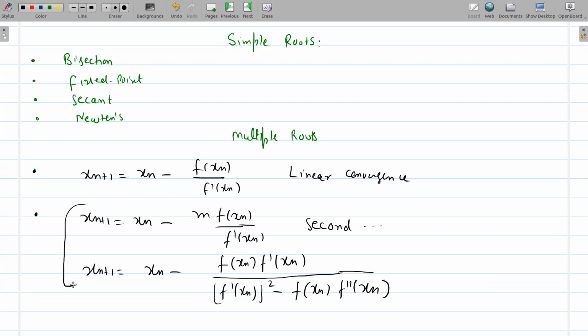So you can use these two formulas with second order convergence for multiple roots, and if you know m, then try to use this formula. This has less computation. This ends the topic roots of nonlinear equation in one variable.